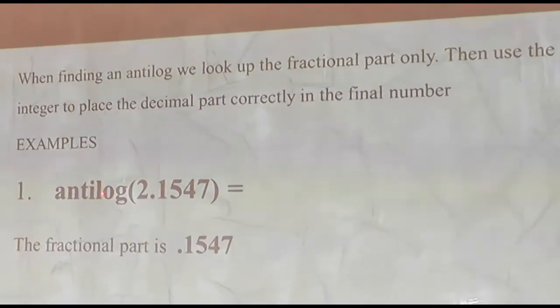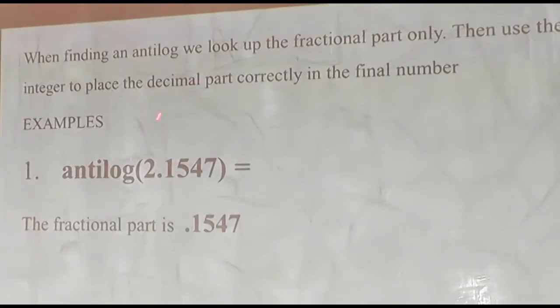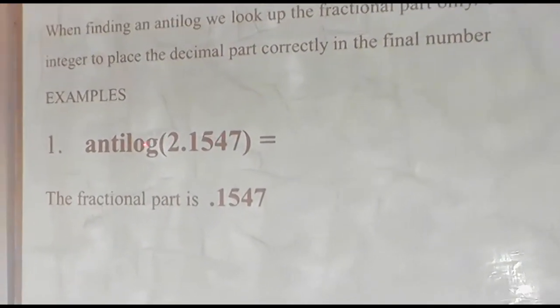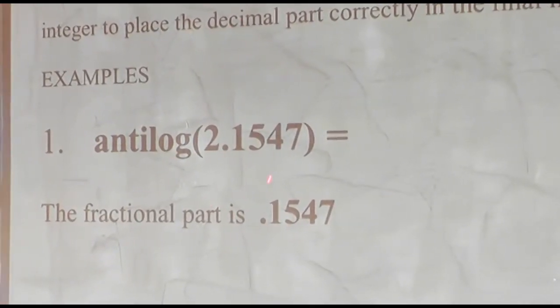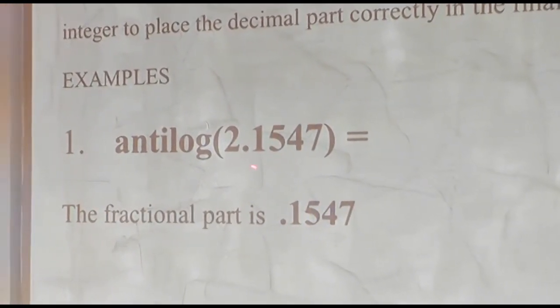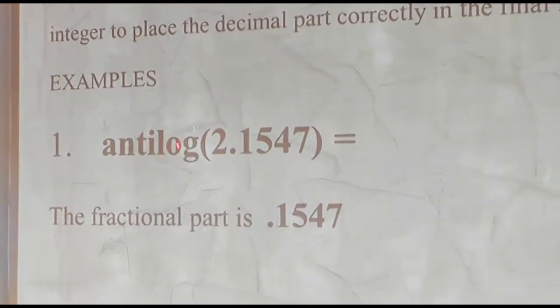Like in this case, we have 2.1547. We have to find antilog 2.1547.